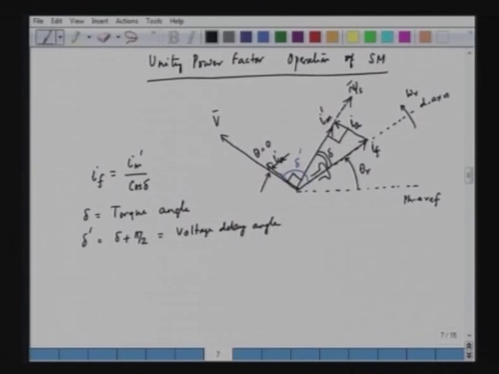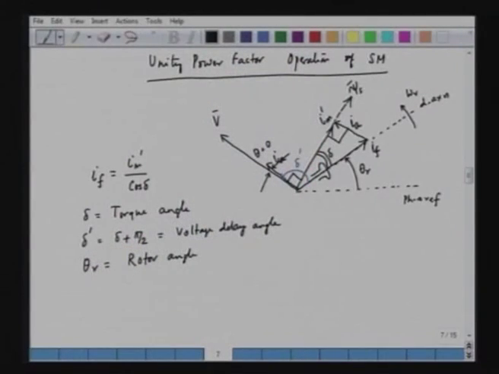And then we have theta r. Theta r is the rotor angle. It is the angle between the phase A reference and the d axis, and the motor is rotating at a speed of omega r. So, the angle that the d axis makes with phase A is called the rotor angle. And then we also define another angle called beta.